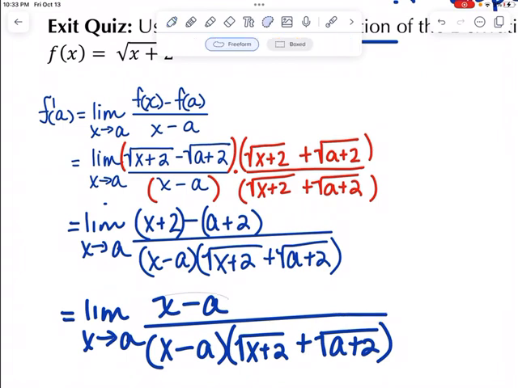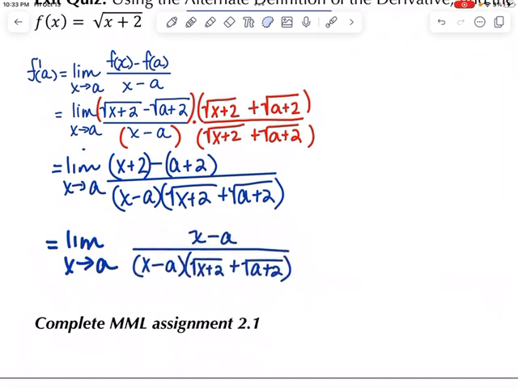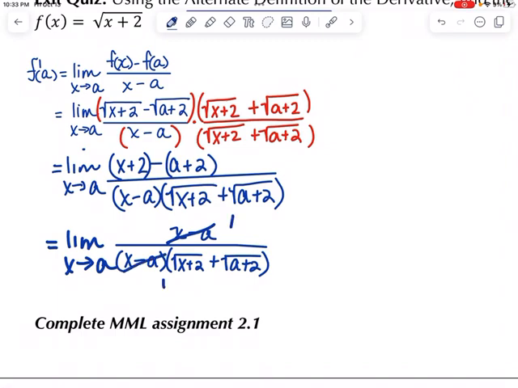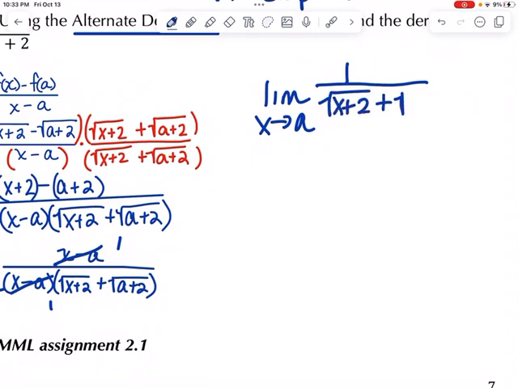Okay, and I'm kind of going uphill here, but I'll fix it later. Then we'll cancel the common factors, x minus a. And then we're on to the last step where we're taking the limit as x approaches a of 1 over the square root of x plus 2 plus the square root of a plus 2.